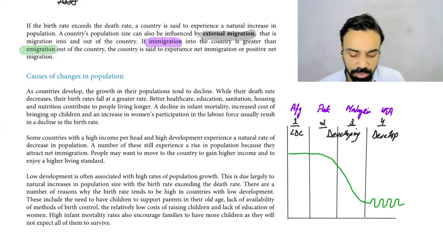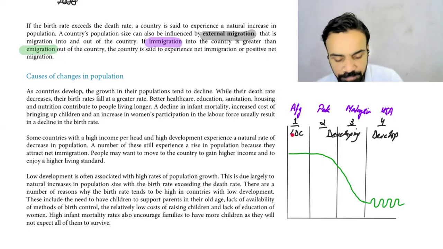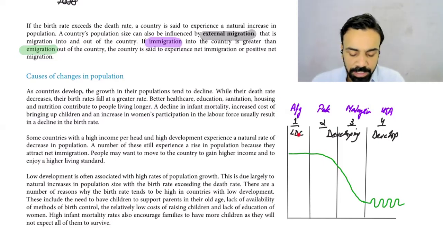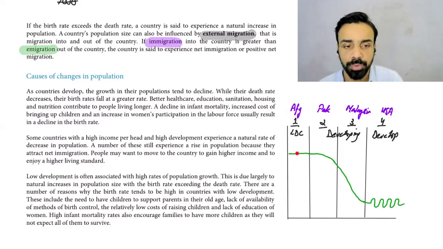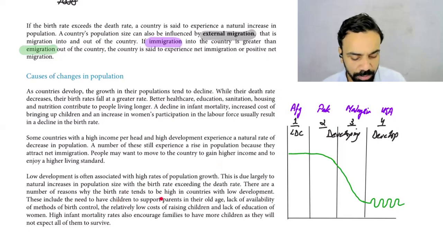Now, obviously, there are reasons for this. In least developed economies के अंदर usually the birth rate is really high, and there could be many reasons associated with it. For example, a family might think that you need a lot of kids to support the parents in old age. There is lack of availability of birth controls, the cost of raising children is less, and there is lack of education for women.